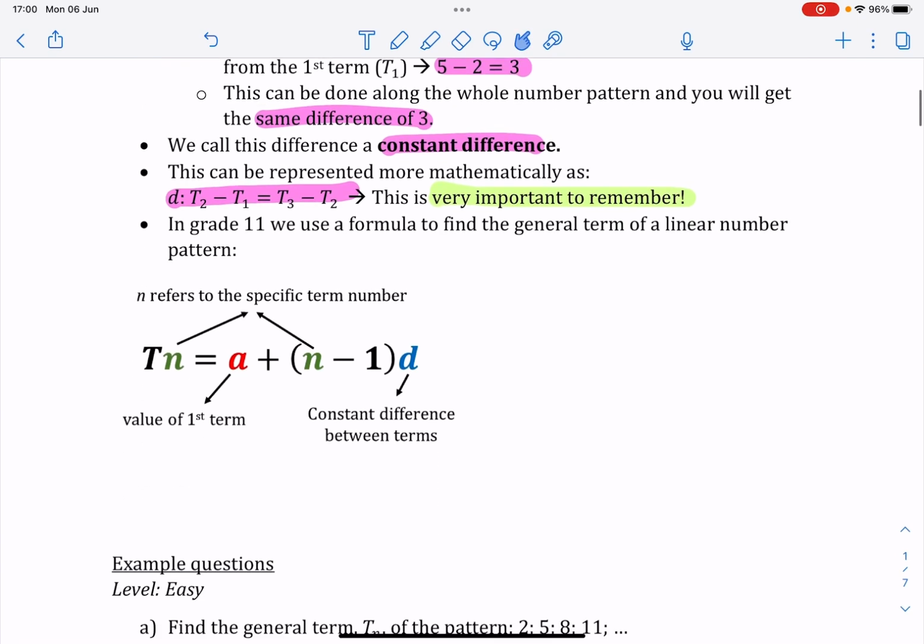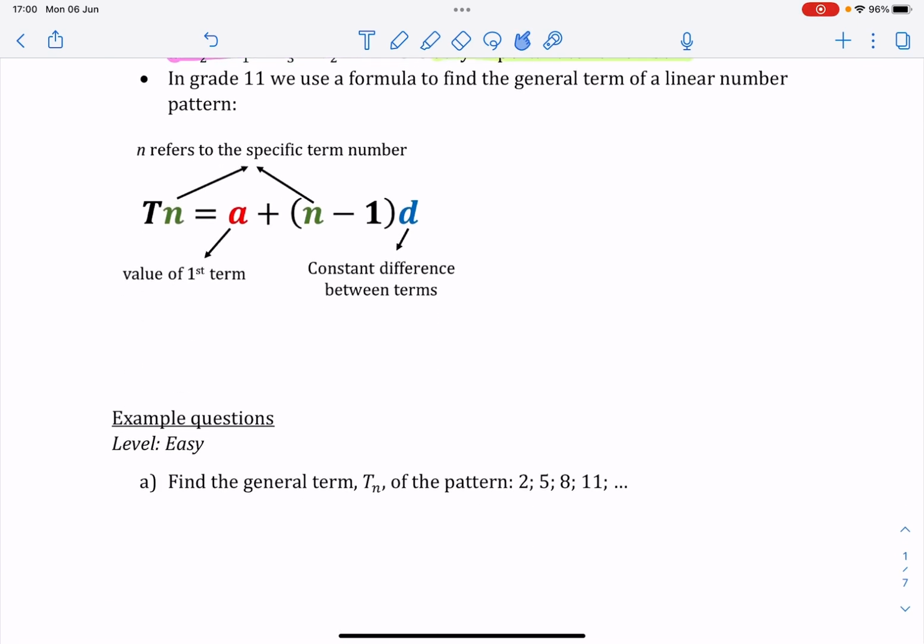This formula is Tn equals a plus n minus 1 d. Your a value is your first term. Your n value is the term number that you're working with. Generally, in the general formula, we don't substitute for n. And d is your constant difference between the terms.